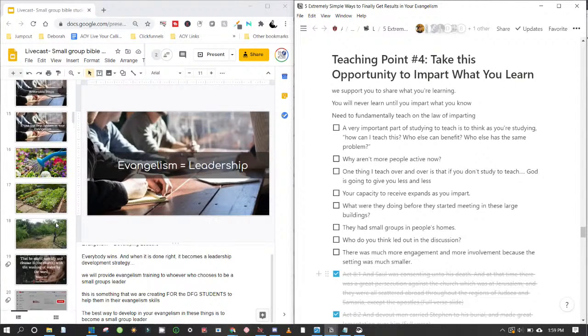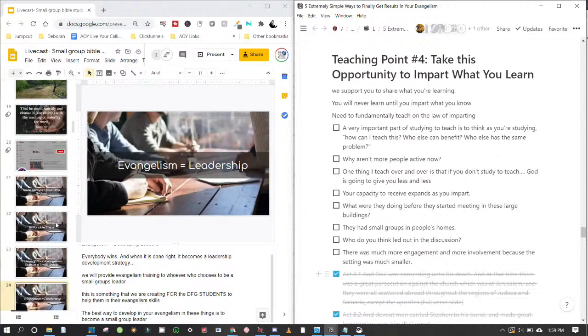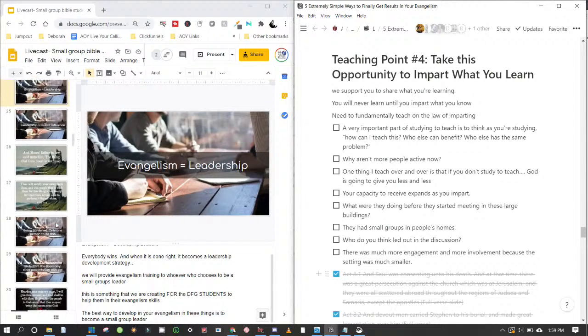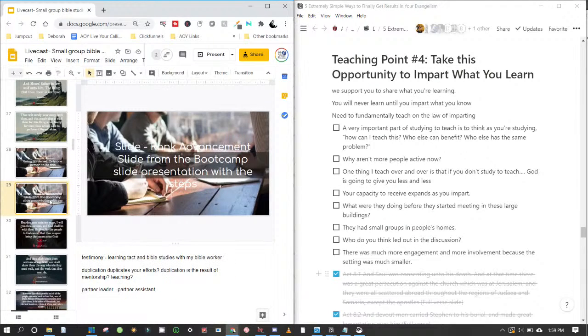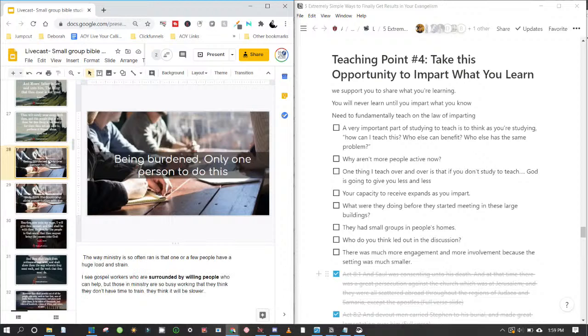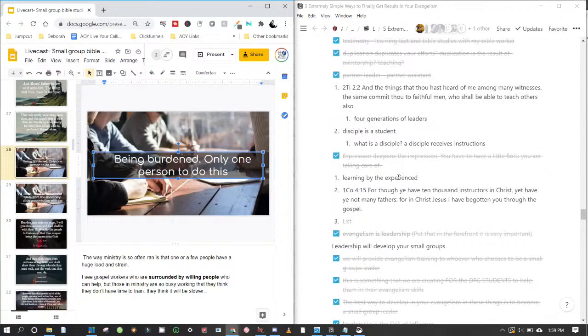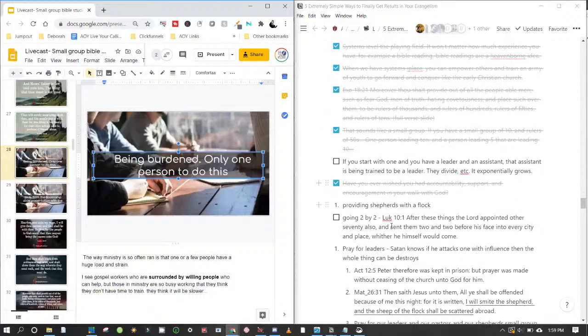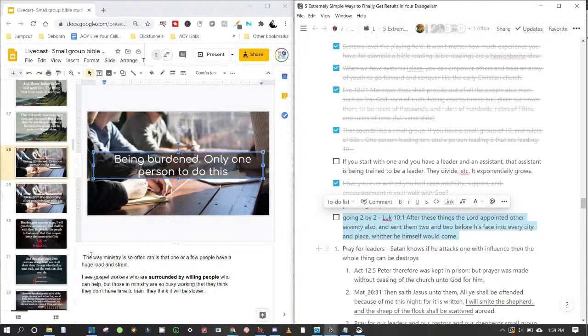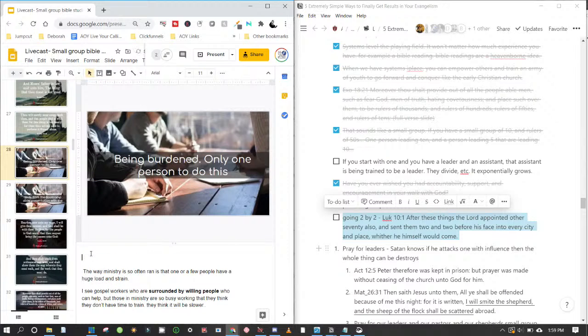Some of these, like you'll see on here, I really don't know what's going on with this. Surrounded by willing people. The harvest truly is plenteous, and the laborers are few. That is a convicting verse. We could put Luke 10 here on slide 28.